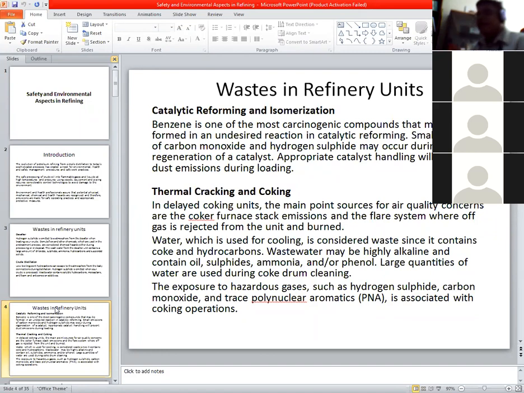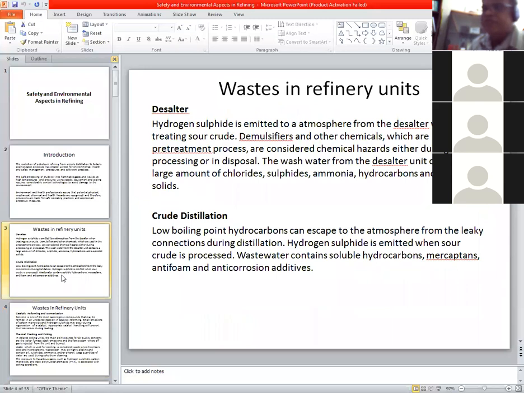Another thing, I forgot to give one piece of information: in the crude distillation or the desalting unit, the produced wastewater can contain soluble hydrocarbons. It may contain some oil and grease also. Around 100 to 300 milligram per liter.